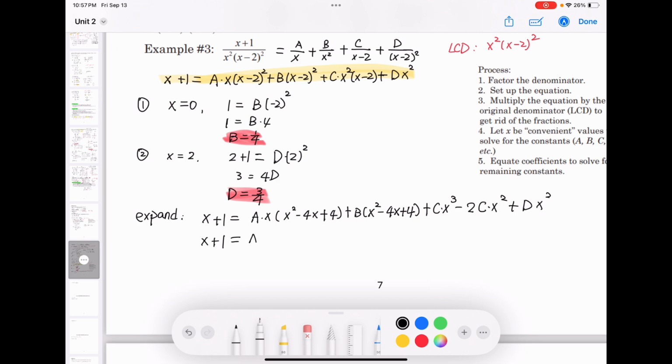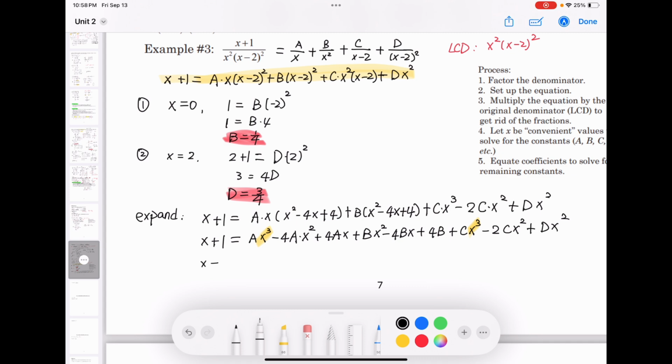We have ax cubed minus 4a times x squared plus 4ax plus bx squared minus 4bx plus 4b plus cx cubed minus 2cx squared plus dx squared.